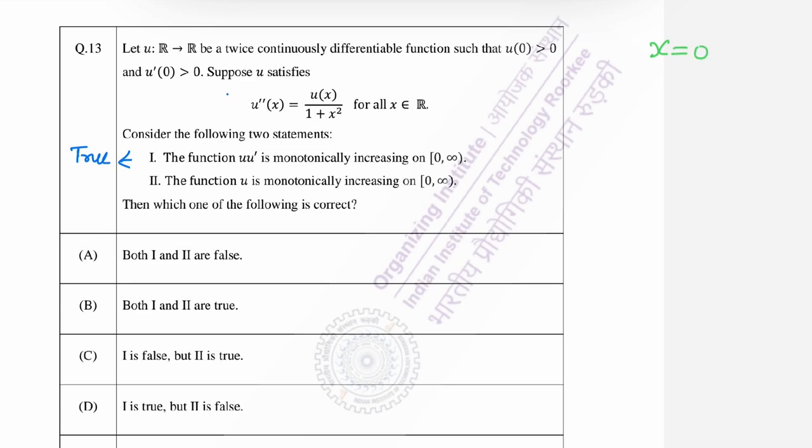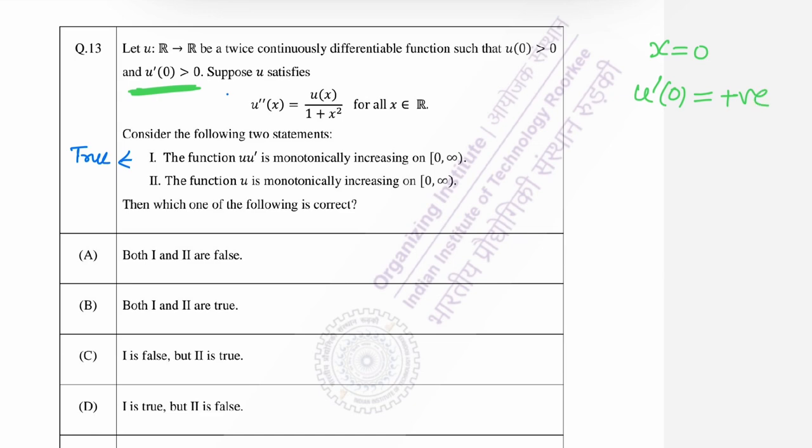So if you see this relation, I show you in green, this relation says that u dash 0 is positive. What does it mean?